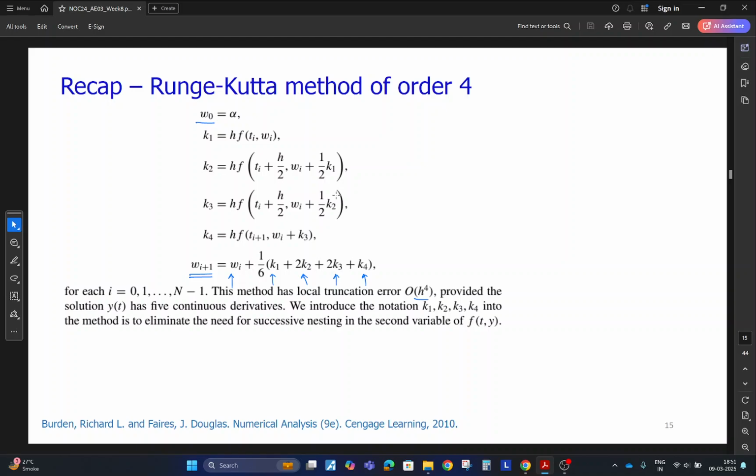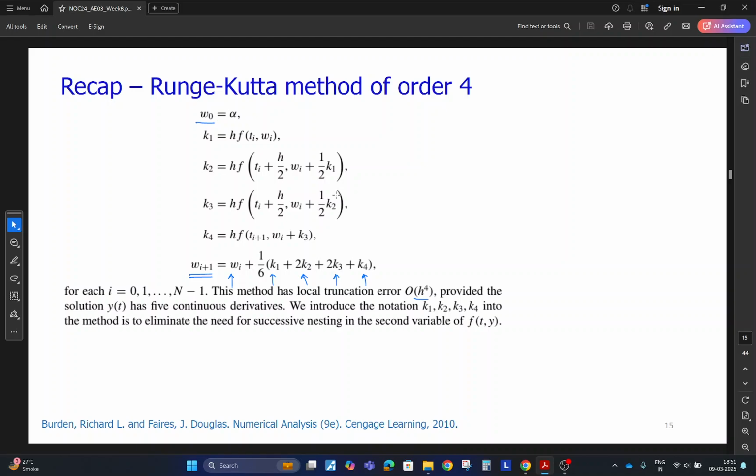K3 equals h times f at (Ti plus h by 2, Wi plus K2 by 2). K4 equals h times f at (Ti plus 1, Wi plus K3).